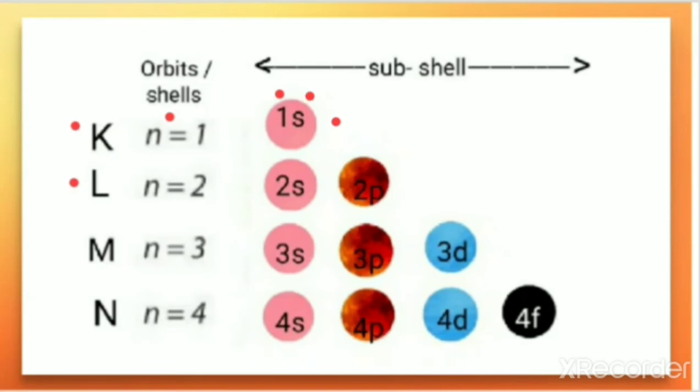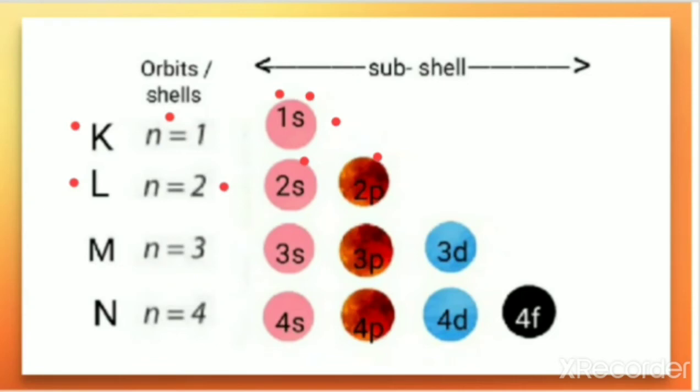In the second shell, that is the L shell, the principal quantum number is 2. So there are 2 subshells in this, that is 2s and 2p. In 2s, 2 represents the principal quantum number and s is the subshell.